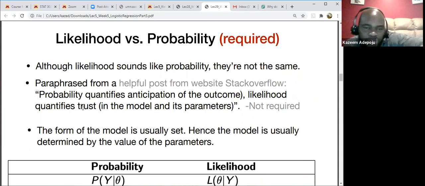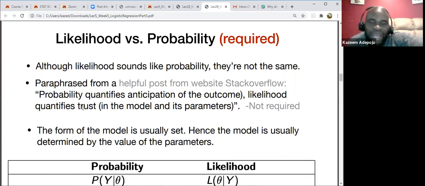Because if I want to determine the probability of whether or not I'm going to be granted a mortgage loan, of course, that will be subject to the model parameters. I know they're going to look at my credit score and some other predictors. If I'm able to estimate the parameters in the model, then I will be able to obtain the probability value for that. That is the reason why we said the likelihood quantifies the trust.